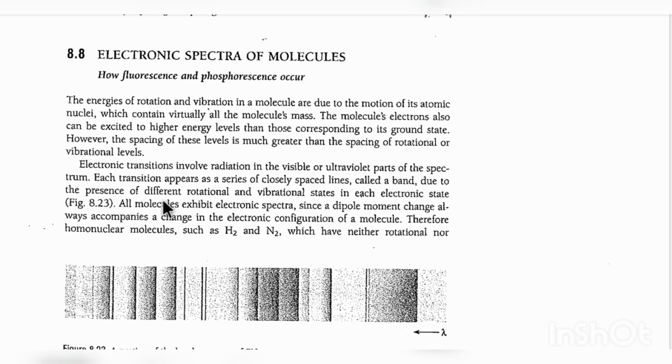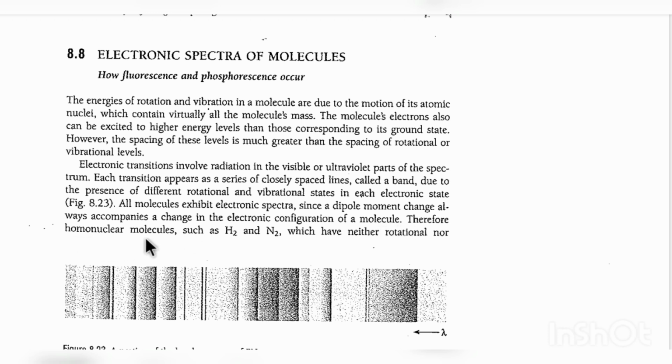Due to the presence of different rotational and vibrational states in each electronic state, all molecules exhibit electronic spectra, since a dipole moment change always accompanies a change in the electronic configuration of a molecule.